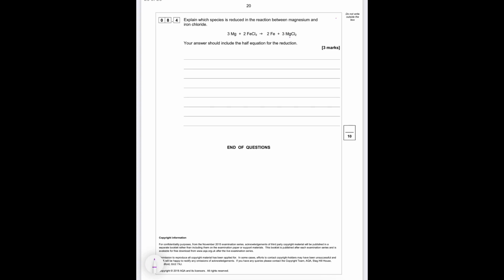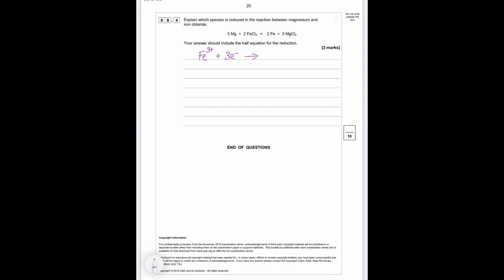If I look at my iron here, in terms of an iron, it is going to be an Fe3+ ion, and it's going to form iron metal, so it's going to have to gain electrons, and gain of electrons is reduction. So in terms of my half equation, I have my iron written as Fe3+, and my Fe3+ is going to gain 3 electrons.